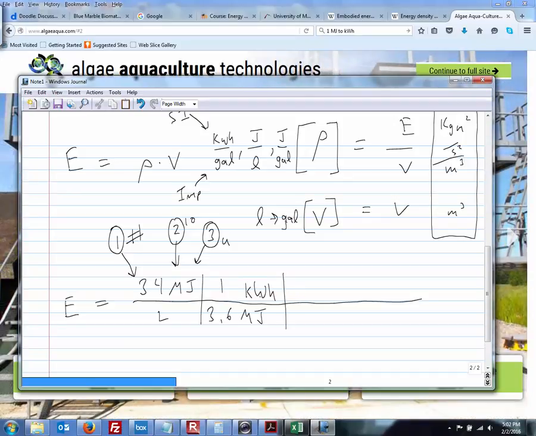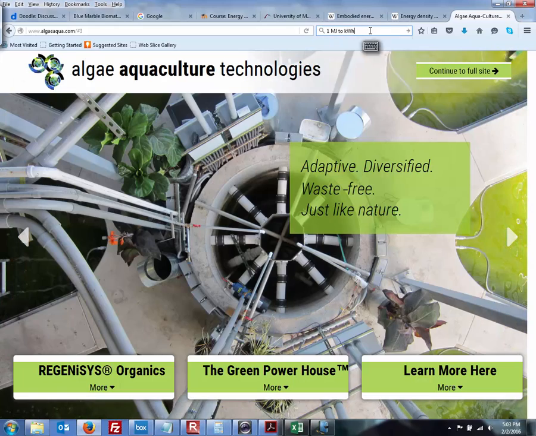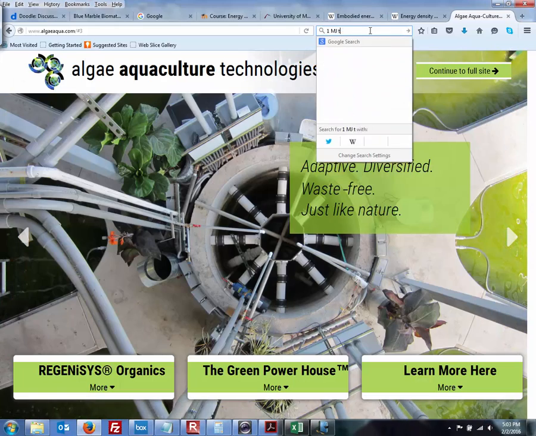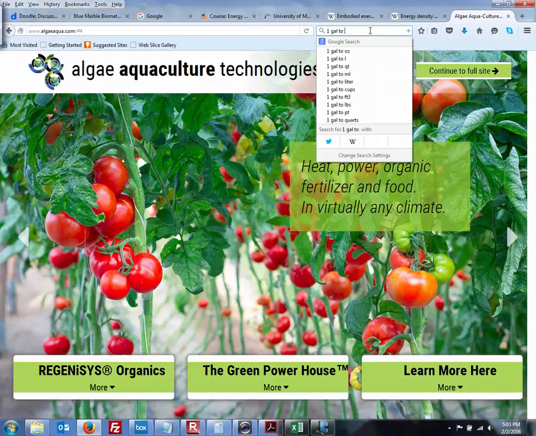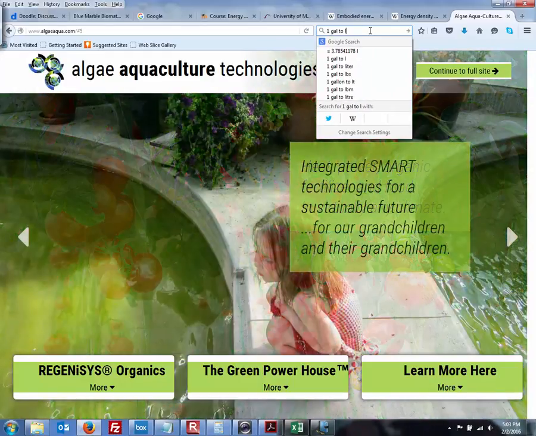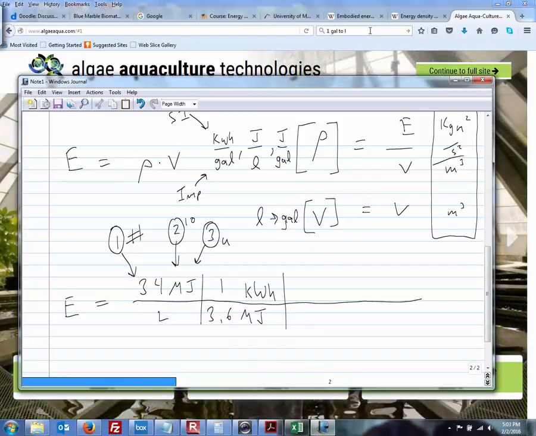hours per gallon. So the next thing is to get gallons and liters lined up. I know it's 3.8, but I'll just say 1 gallon to liters. Let's just say 3.79 for 3 significant digits.